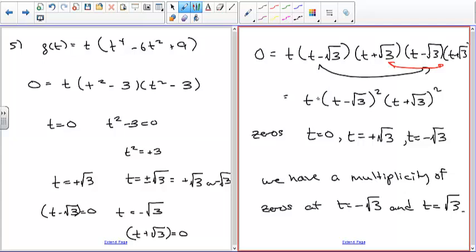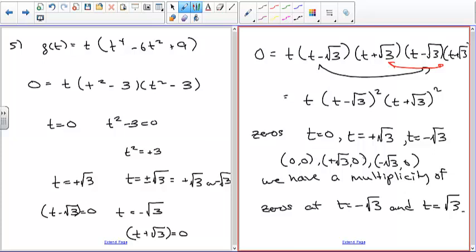We don't have a multiplicity of zeros at t equals 0. Also, if we want to plot these as points, it's going to be 0, 0, plus the square root of 3, 0, and minus the square root of 3, 0. So that's another way of representing the zeros, either as saying these are the values of t where the function equals 0, or these are the points on the graph.